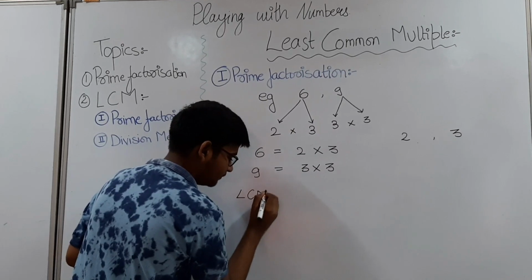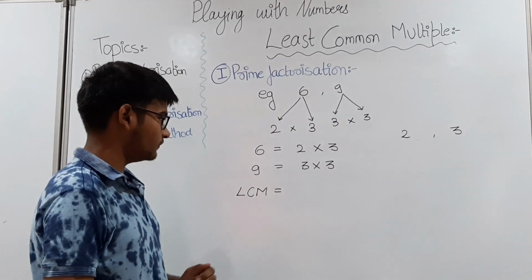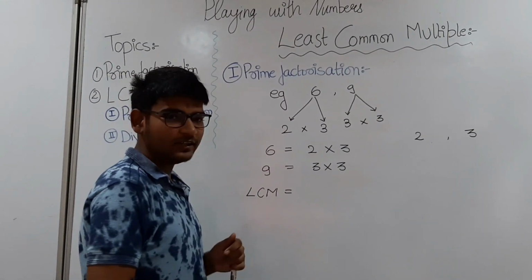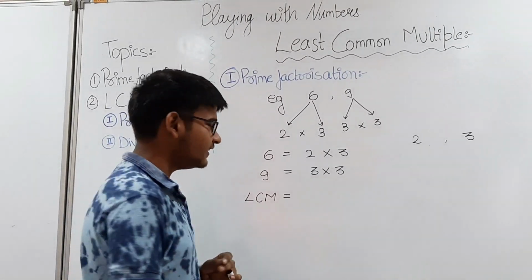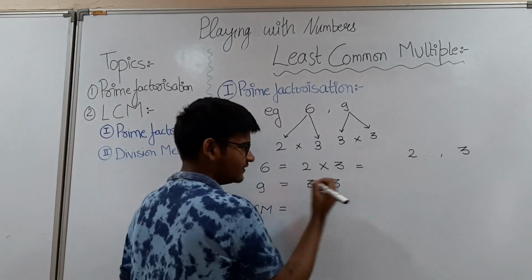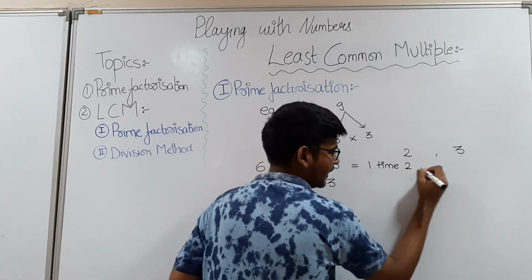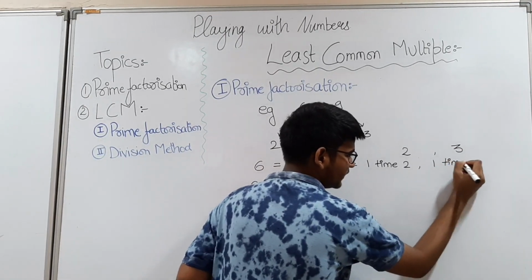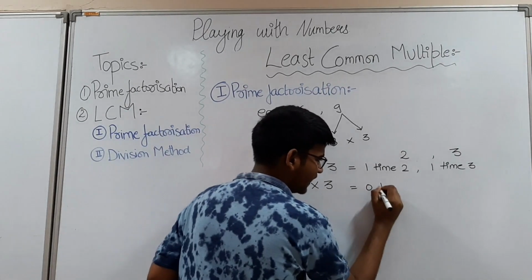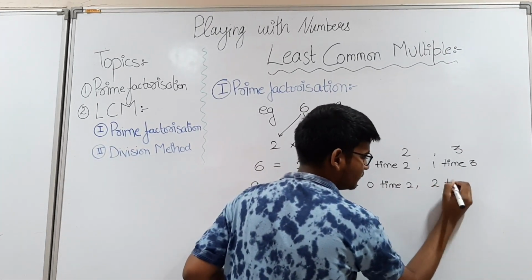So LCM will be in terms of 2 and 3. Let us start counting the number of times each prime occurs. In 6 we have 1 time 2 and 1 time 3, while in 9 we have 0 times 2 and 2 times 3.